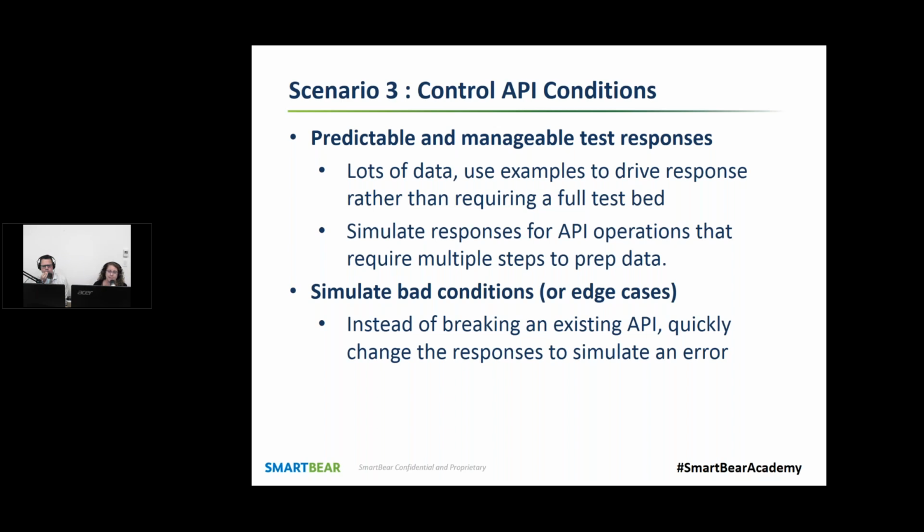There's also a reason to simulate responses that have multiple steps to prepare the data. And one of the things that we often talk to our customers about is, how much do I virtualize, or where do I virtualize? Oftentimes, what we recommend is that you virtualize the beginning of the part that you don't necessarily care about, the part that you're not trying to test, the part that you can't depend on.